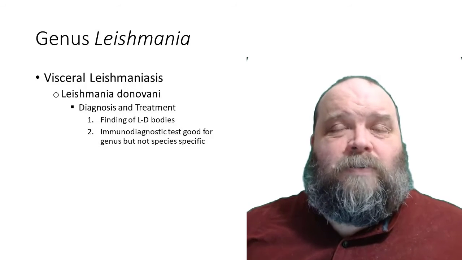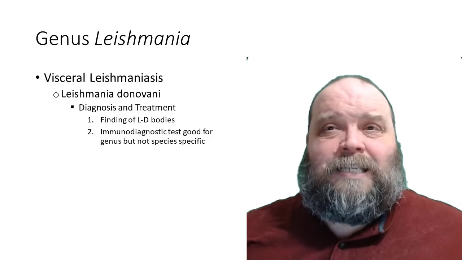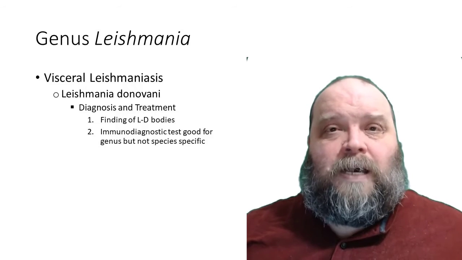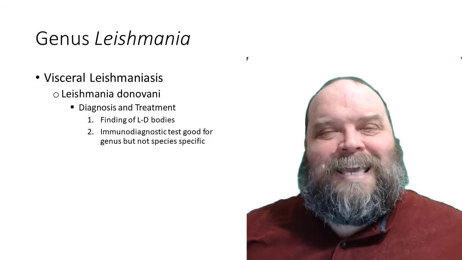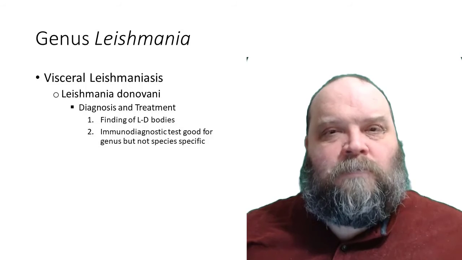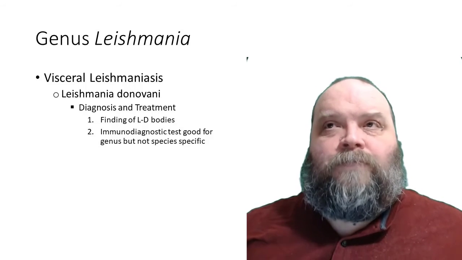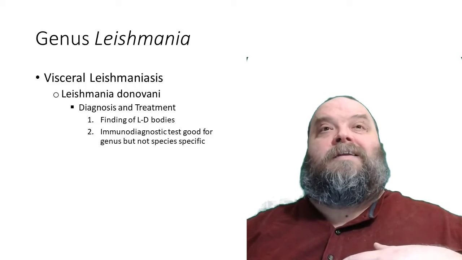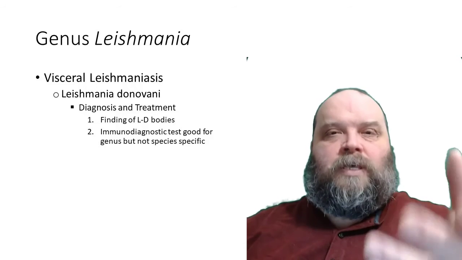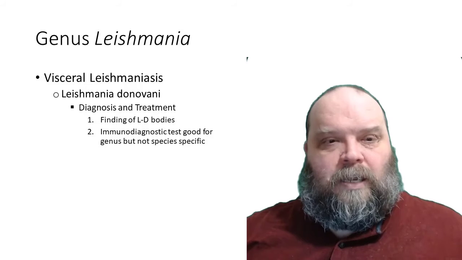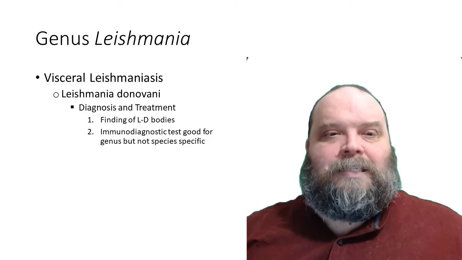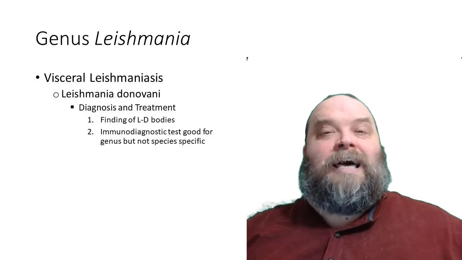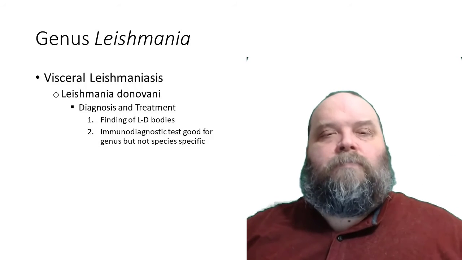They're trying to develop, again, immunodiagnostic testing for the presence of antibodies. The thing is, the antibodies are not always going to be species specific. They'll be specific for proteins that are found on most species within the genus Leishmania, not Leishmania donovani specific proteins.